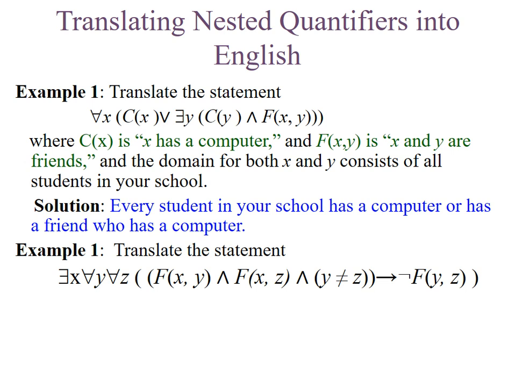All right. Next, let's see more. For some x, for all y, for all z, f of xy means x and y are friends, x and z are friends, and y and z are not the same person. If this is true, then f of y, z, that means y and z are not friends.